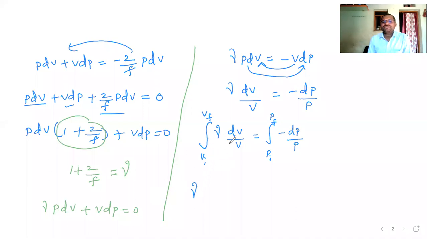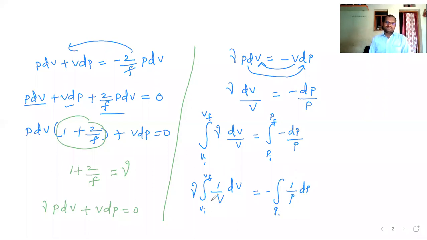You will have gamma times the integration of 1 by V dV, from V initial to V final, is equal to minus the integration of 1 by P dP, from P initial to P final.